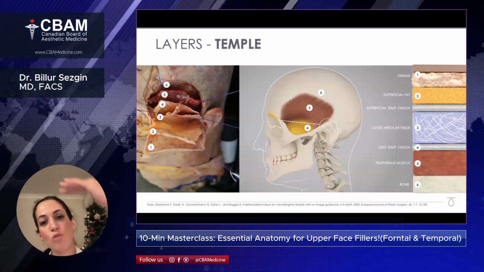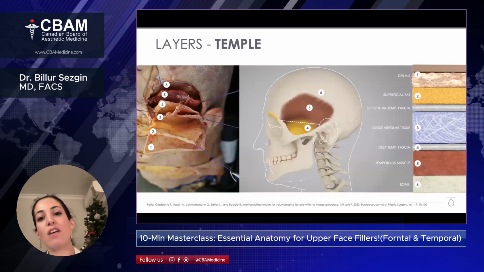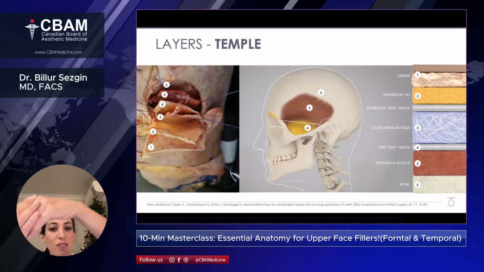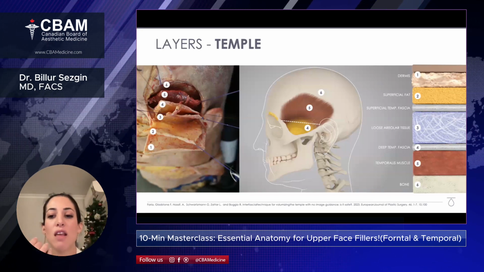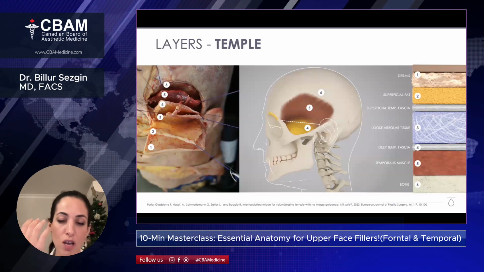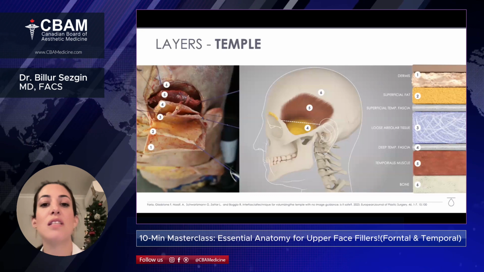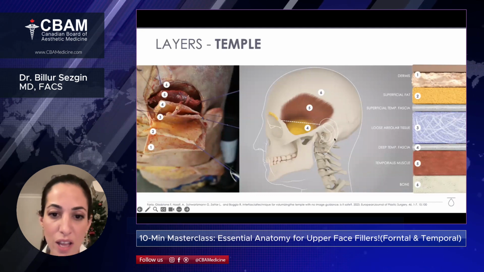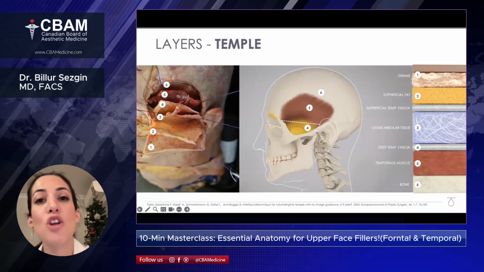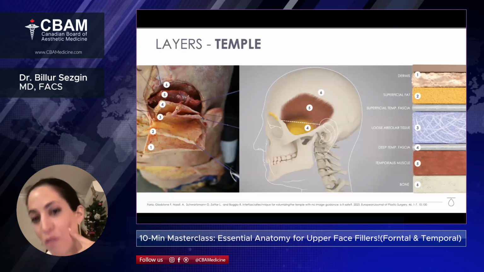In between the superficial and deep lamina, we have the superficial temporal fat pad. There's a fat pad right here in this region. And then underneath the deep lamina of the deep temporal fascia, we have another fat pad, which is the deep temporal fat pad, located right here. Interestingly, the deep temporal fat pad is actually the continuation of the buccal fat pad from the midface.